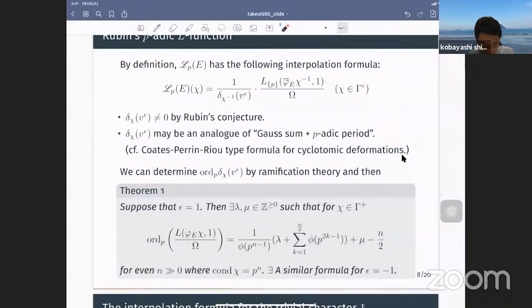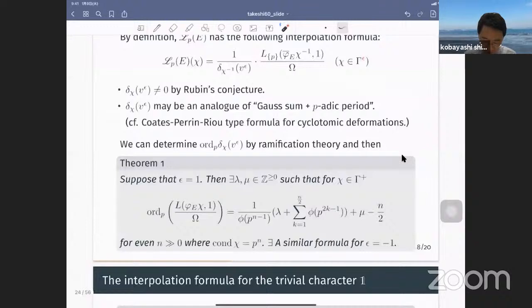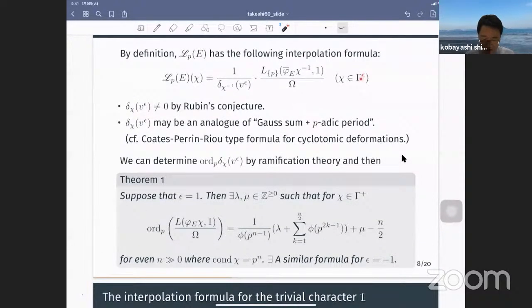So we have the formula for all n, with lambda equals 0, mu equals 0. And this is one application of the theory. And now, this is the interpolation formula for gamma epsilon. Rubin also asked for the interpolation formula for gamma minus epsilon.